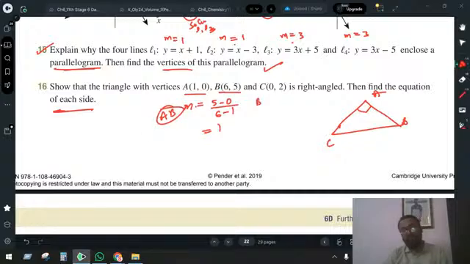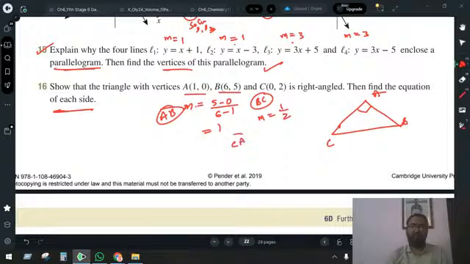What about BC? 2 minus 3 over 2 minus 5 is minus 3 by minus 6, it's 1 by 2. No, I think it is. Oh yeah, 2 minus 1 is 1.